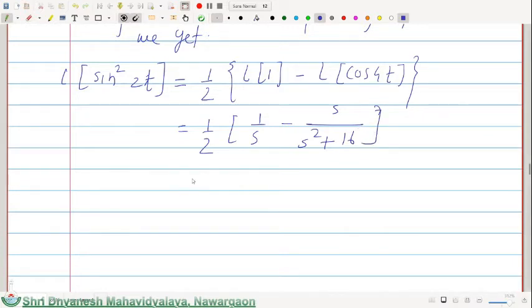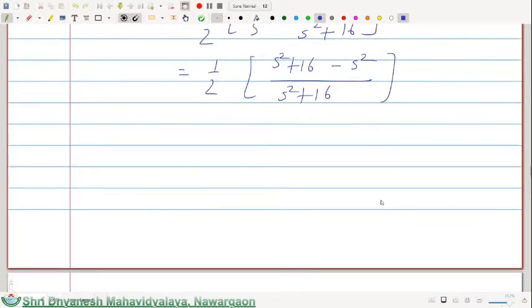Next you can solve this. This will be (s square plus 16 minus s into s square) upon s square plus 16, that equals s square, and this s square gets cancelled, and 2 divides 16 how many times? 8 times.